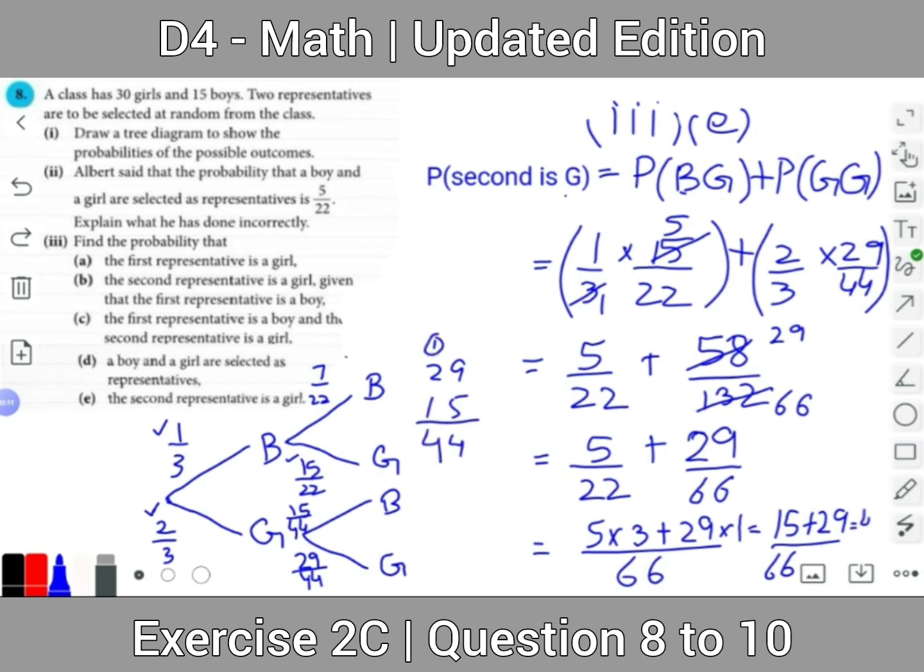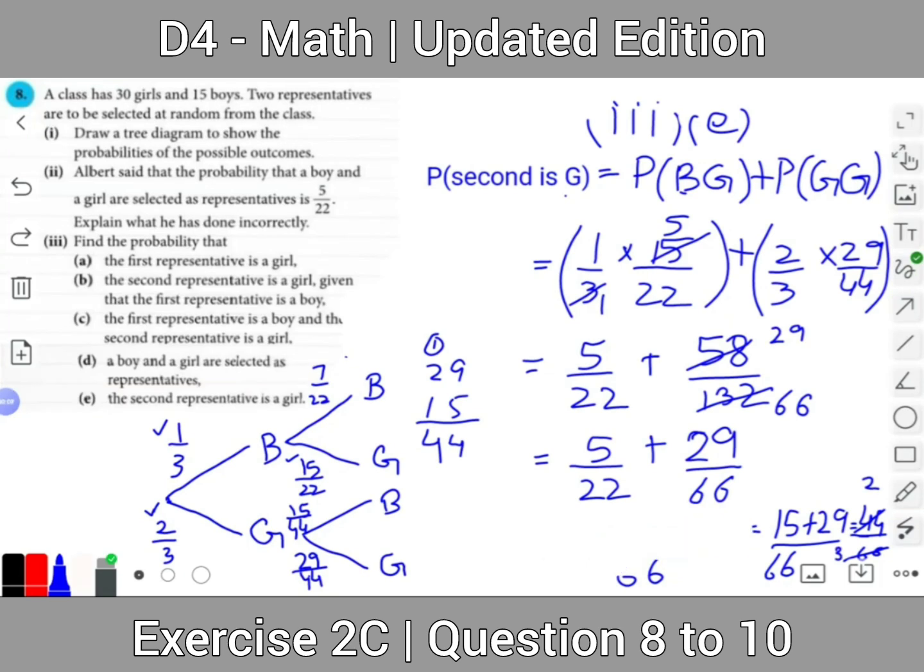So here we have 44 over 66, and after further simplification we will get 2 over 3.